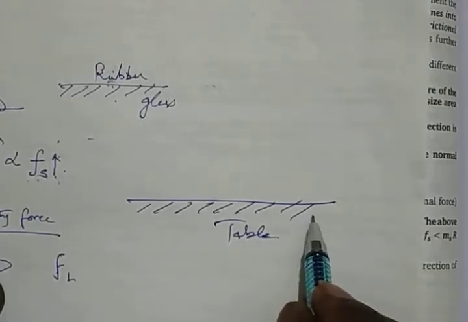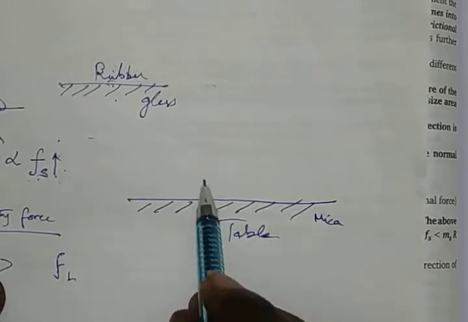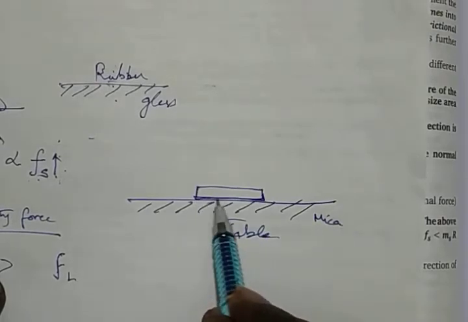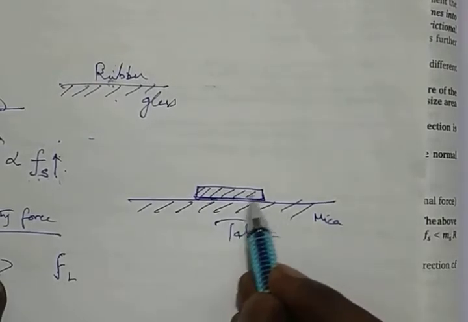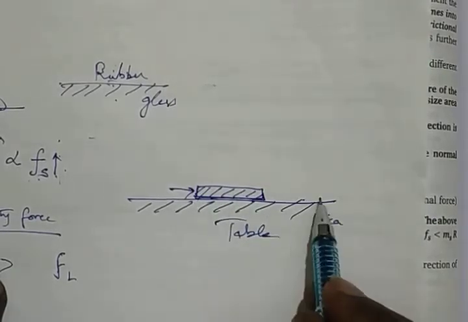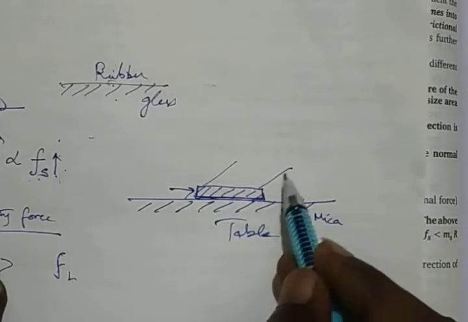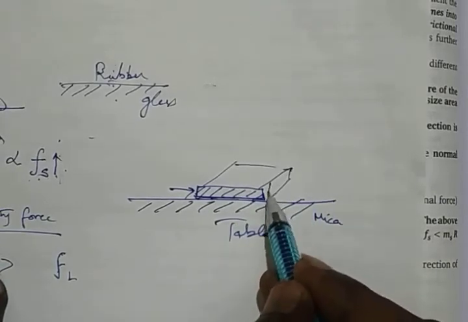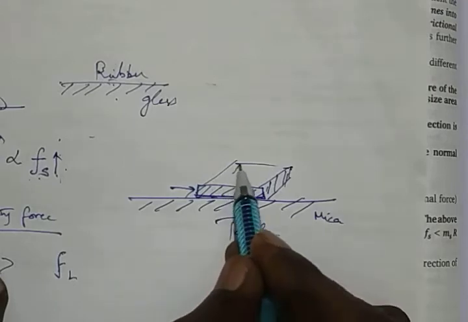It's a mica top, so it is a laminated one, and I have a book here. The book is lying here like this, and I try to push this book. The book has to go from here to there. Look at this one. The book is a big body, maybe it's a physics book.